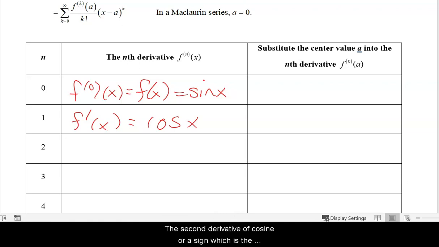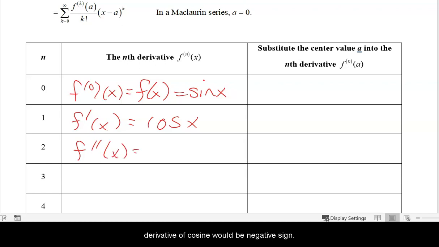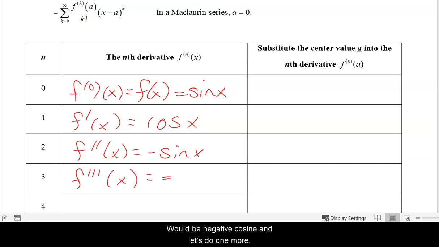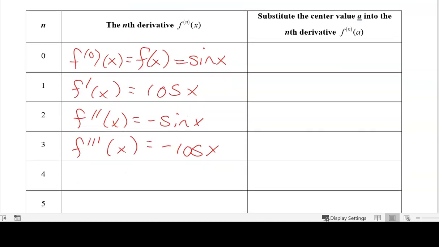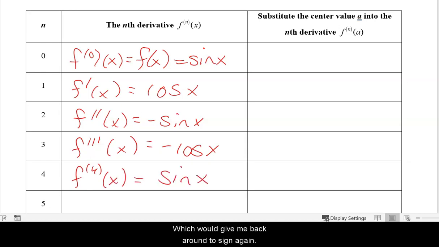The second derivative, which is the derivative of cosine, would be negative sine. The third derivative would be negative cosine, and let's do one more. The fourth derivative would give me back around to sine again.